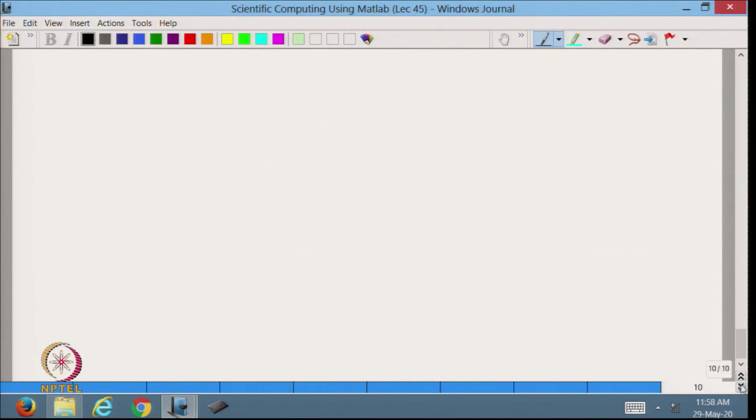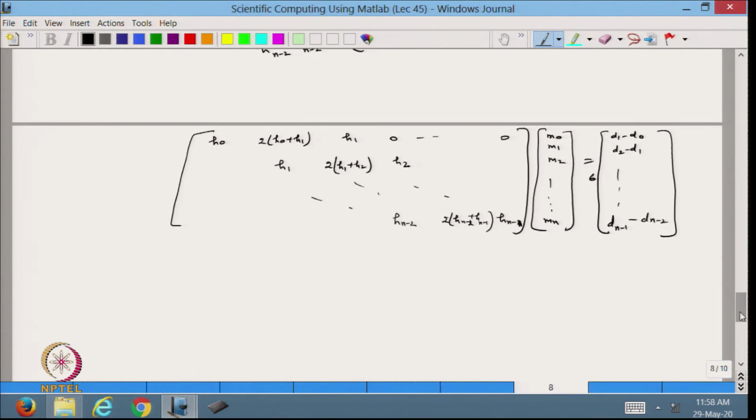Now from here we will get this expression. So, I suppose I call this matrix A, and A into M is equal to B.